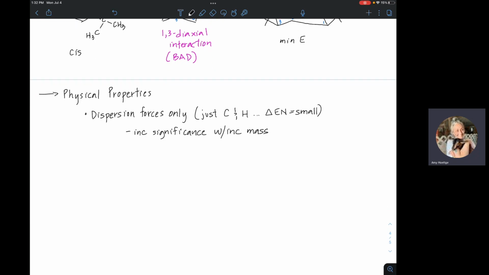So the effect that that will have, for example, would be the boiling point. It will increase with increasing dispersion forces, or mass, or structure. So I could have isomers.